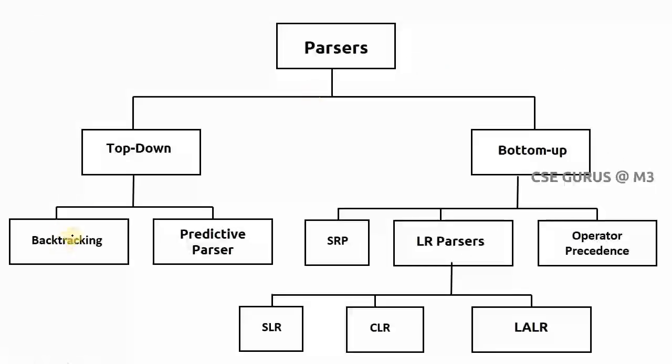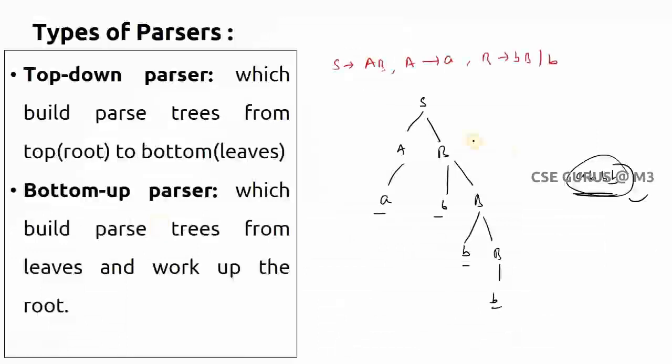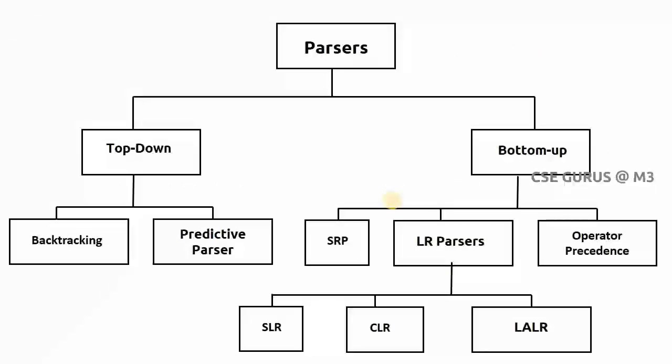So there are two types, backtracking and predictive parser. When you derive like this, every time recursively you are applying. If there are non-terminals, again you are going recursively, generating. So this is basically what you call recursive descent parsers, but you can have two types, backtracking and predictive parser.